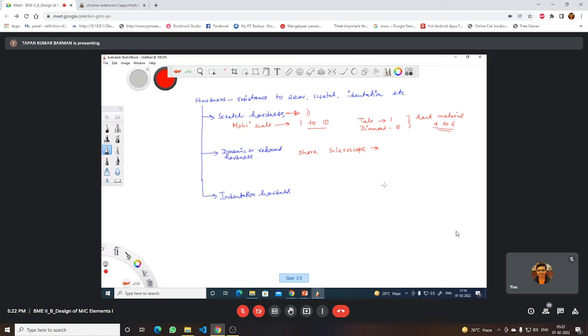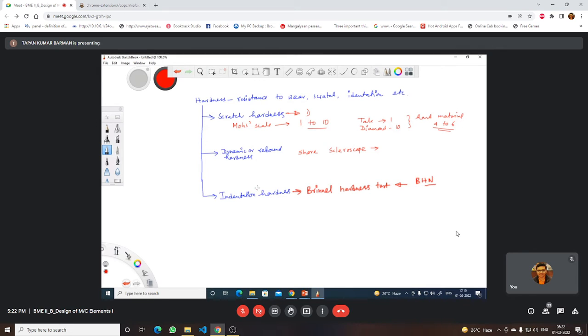And here we use different scales, like the Brinell hardness test. And using this Brinell hardness test, if we calculate the hardness, that hardness is called BHN.